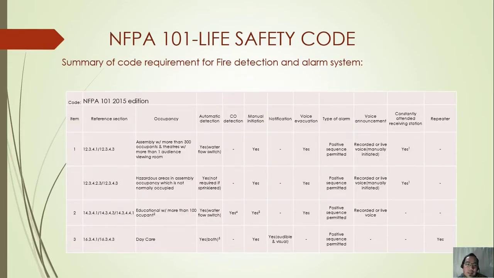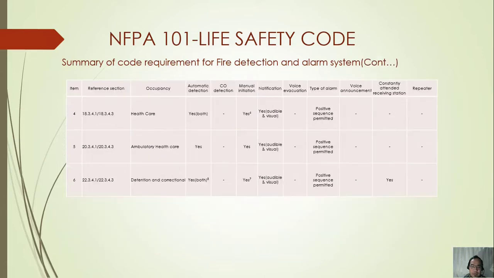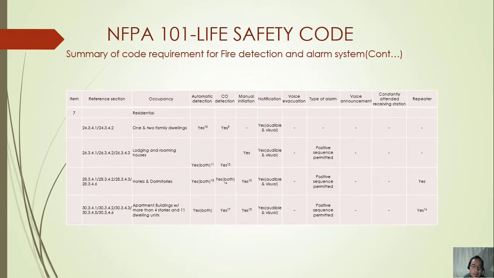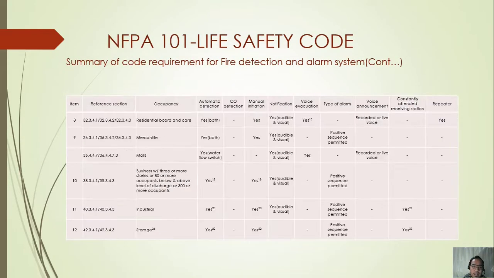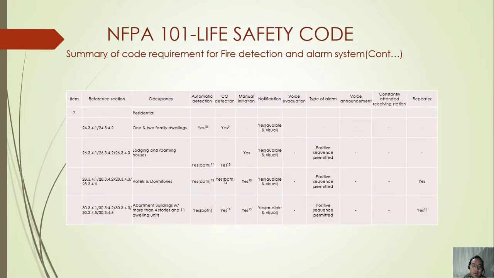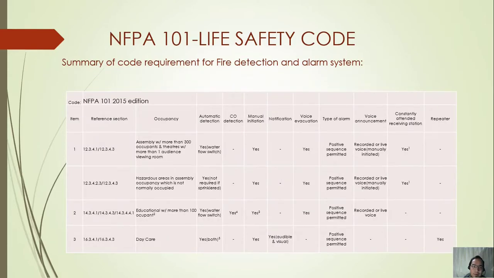So what I did, guys, for you to easily understand or have an idea of what the requirement of NFPA 101 is for each type of occupancy, I just made you a summary. In this summary table that I made, you can easily verify what fire alarm requirements you have per occupancy.